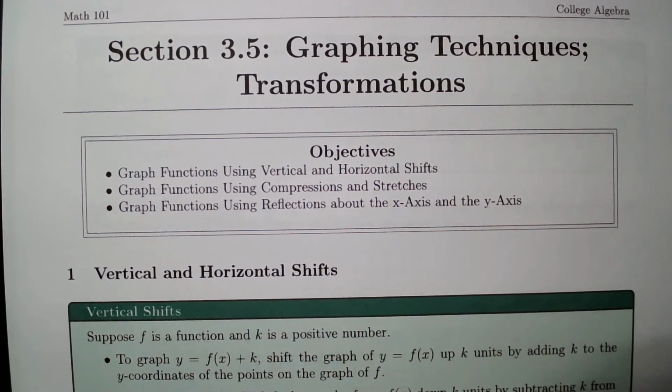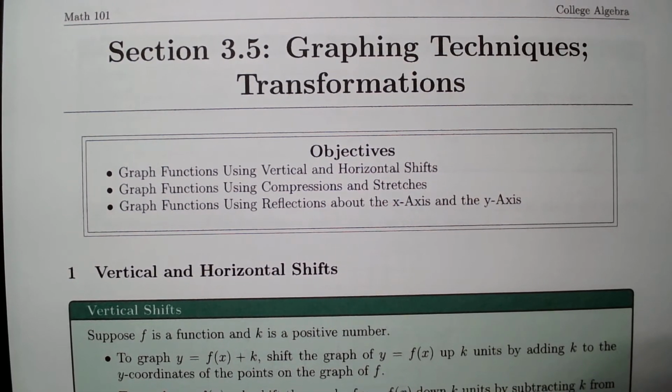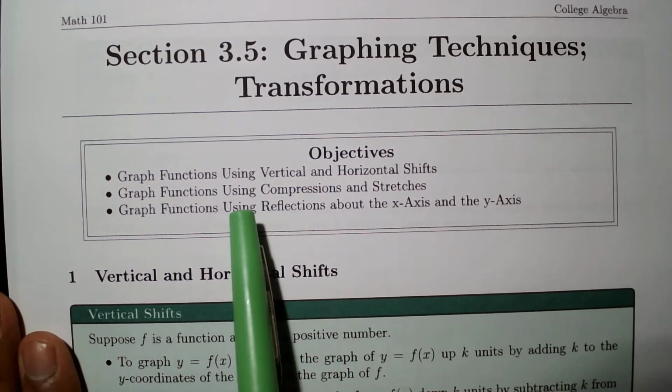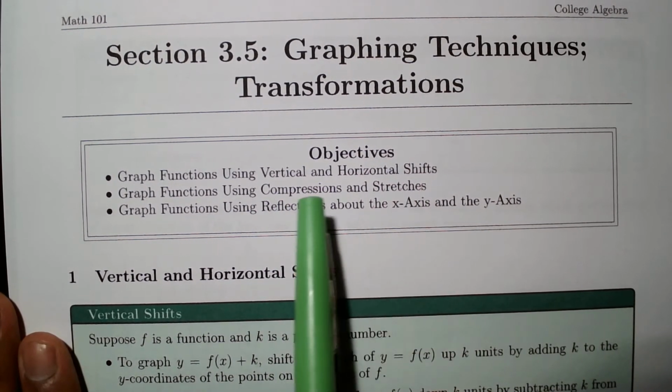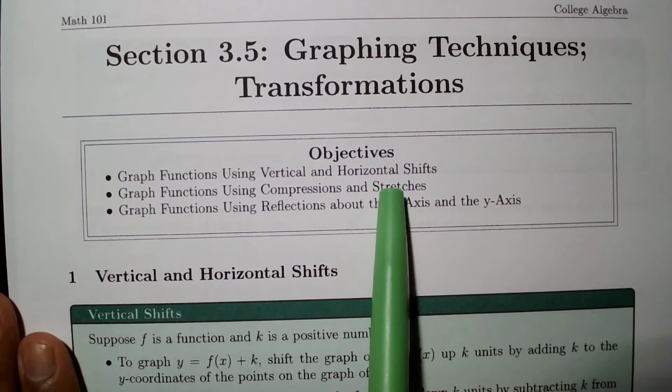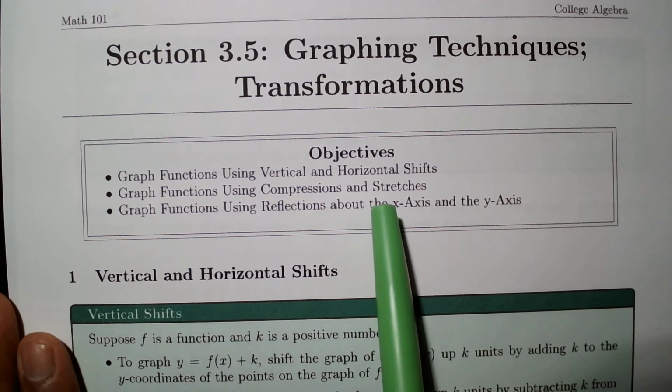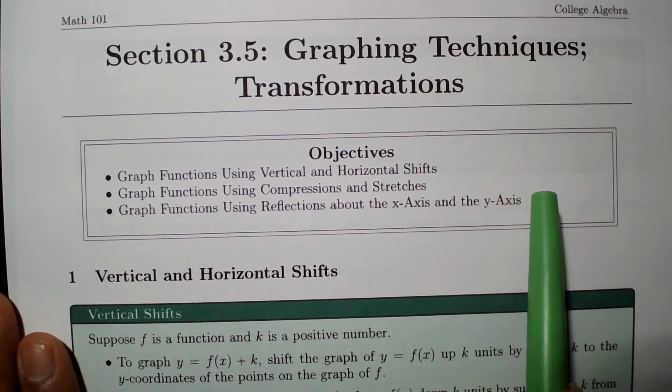There are essentially three general kinds of transformations: shiftings, which are horizontal and vertical; compressions and stretches, which are both horizontal and vertical as well; and reflections about the x-axis and the y-axis.